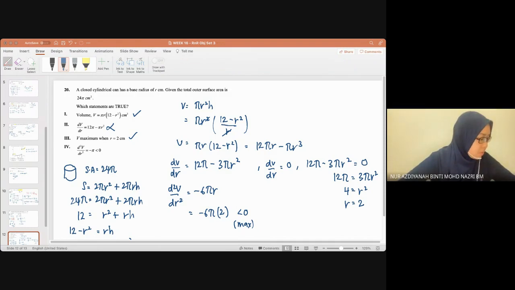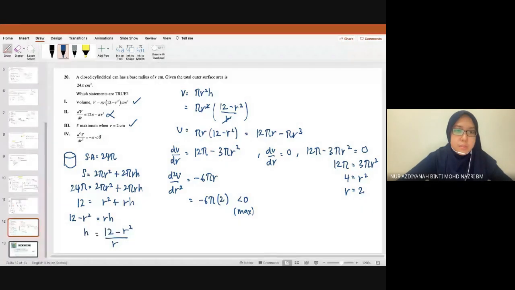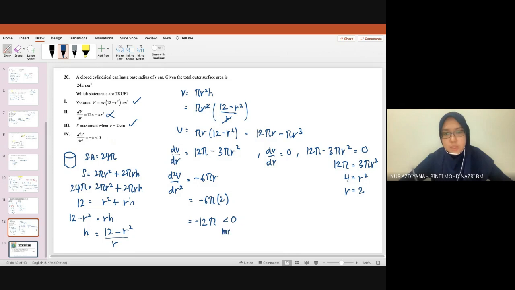Soalan dia macam ada pembetulan je. Sekejap. So for this one, the fourth statement, d squared v over dr squared equals to negative pi is equals to 0. Sekejap. Negative 12 pi tadi yang ni. So here akan dapat less than 0 tadi. So dapat maximum. Okay, so alright.